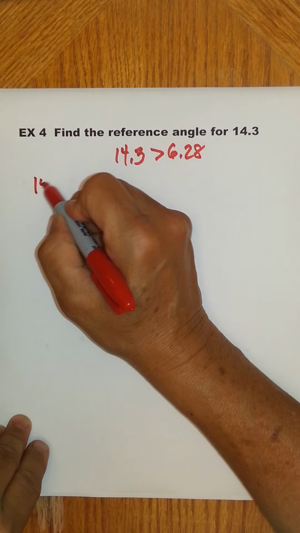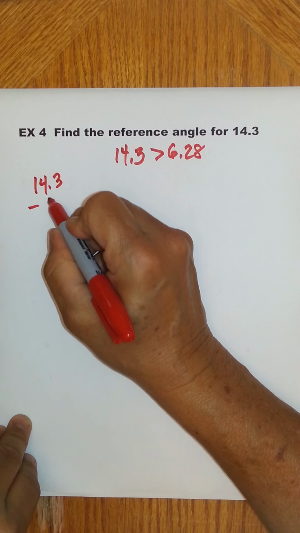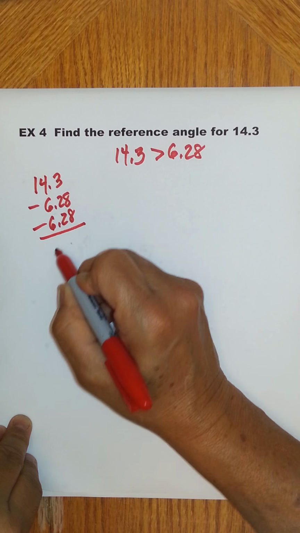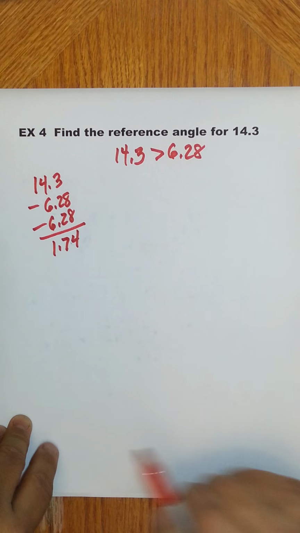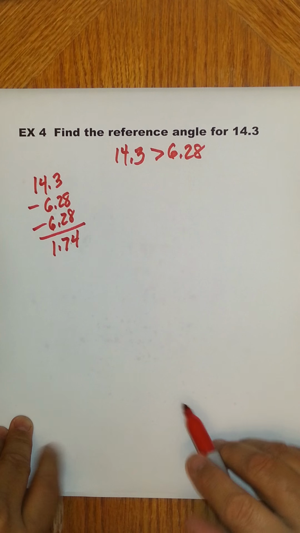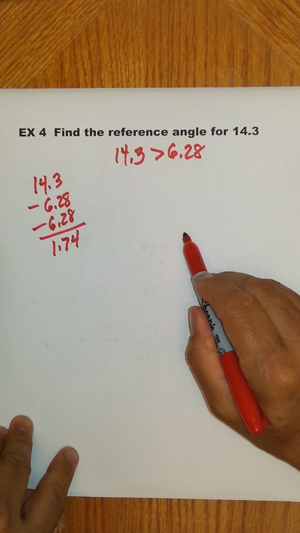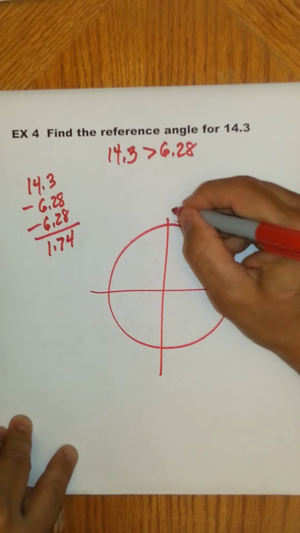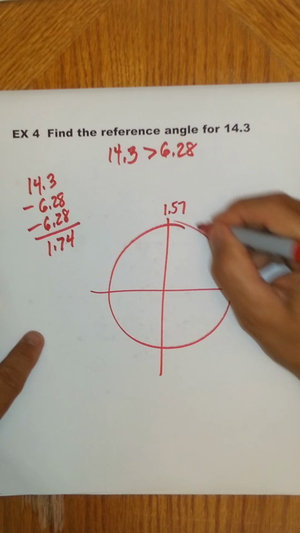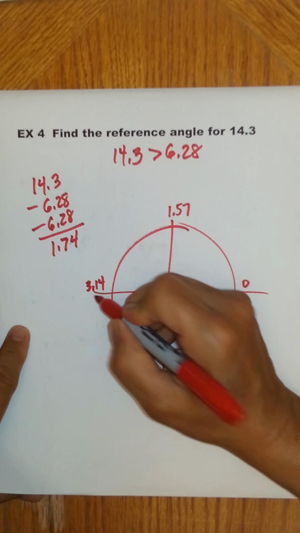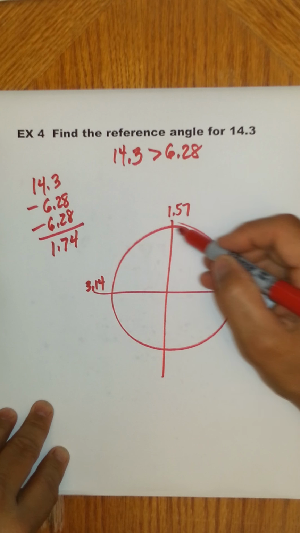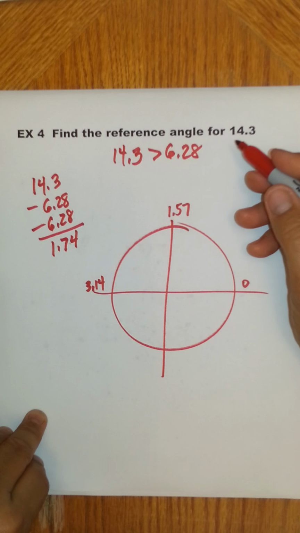If I say 14.3 and I subtract 6.28, subtract another 6.28, I will end up with 1.74 radians. Now, where is that? Now that this is something I recognize, I say, oh, okay. Here's 0, here's 1.57, here's 3.14. So I know I've rotated in the positive direction, passing 1.57, until I get to 1.74.